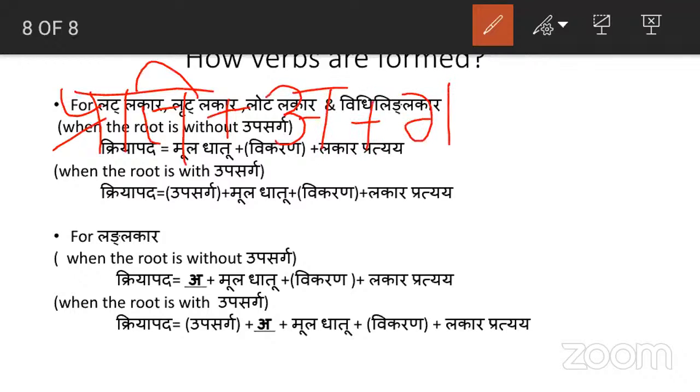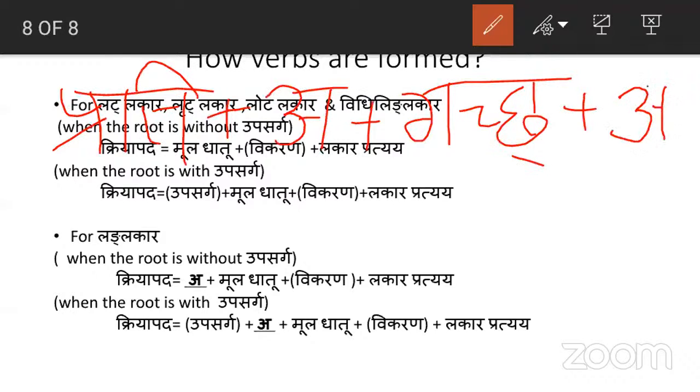Gam gacha is root. Gacha plus a is vikaran and plus at is ending of lakar, pratham purush ekvachan. So when all these get together, what will be the answer?